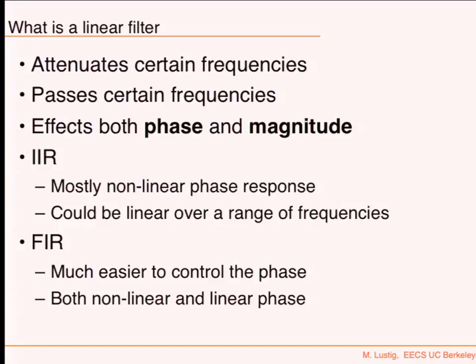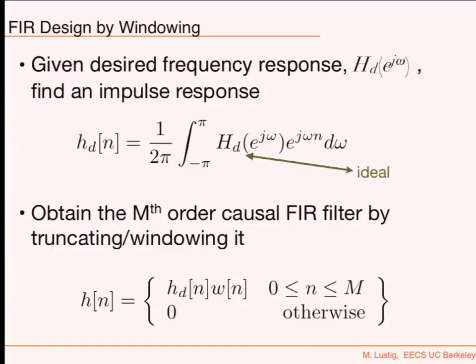But what we're going to do first is talk about a very simple method that's quite used now. It's not optimal in any sense, but it is very easy to do, and you've seen a lot of people still using this particular design. And this is FIR design using windowing.